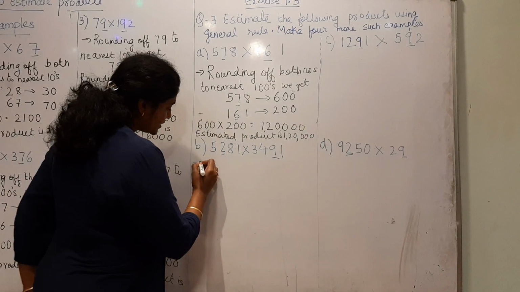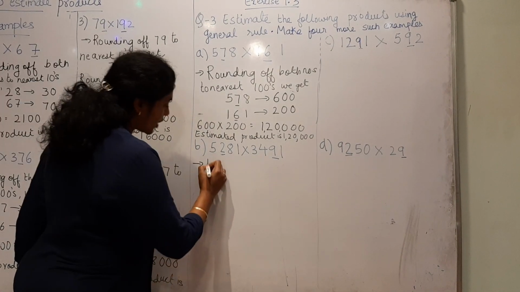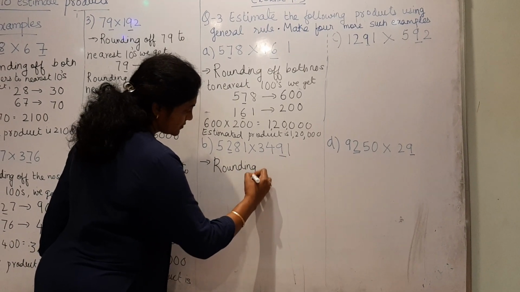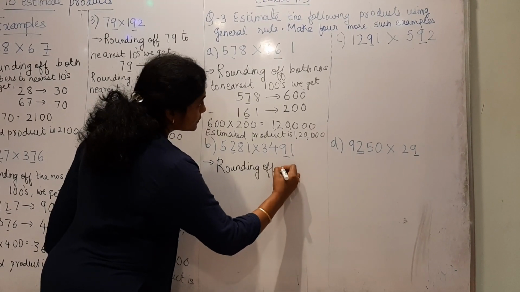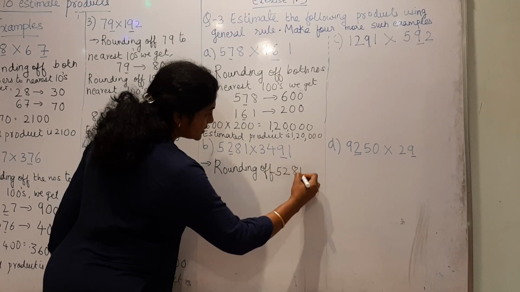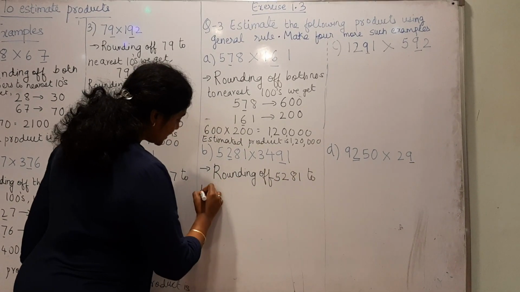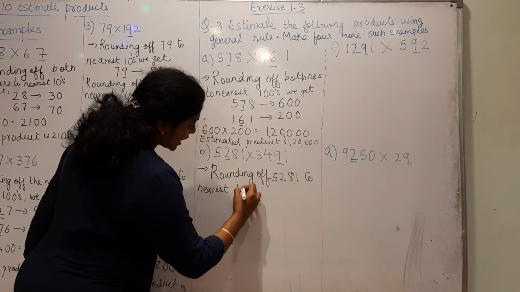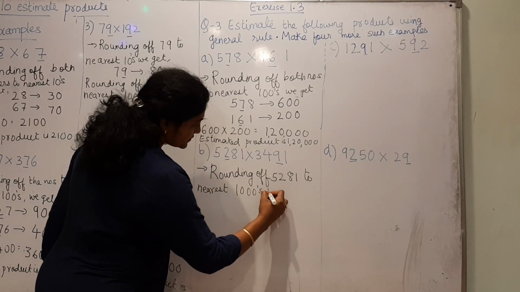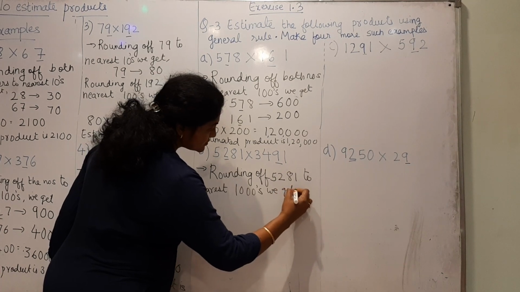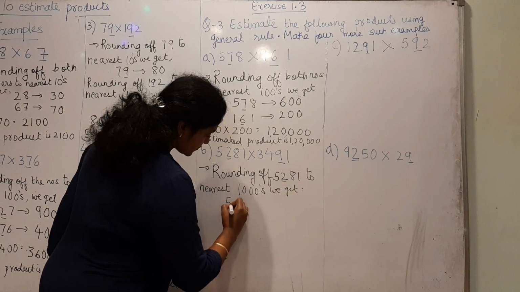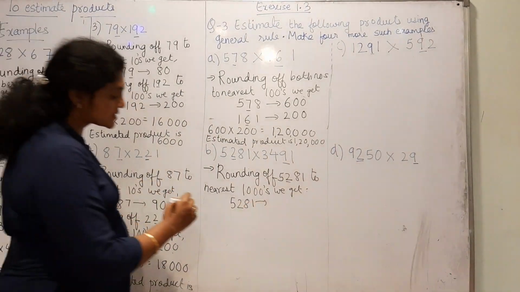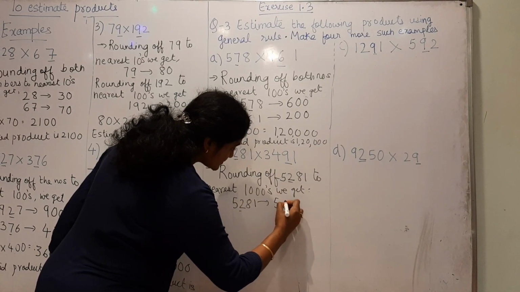So here it is rounding off 5281 to the nearest thousands. We get 5000.